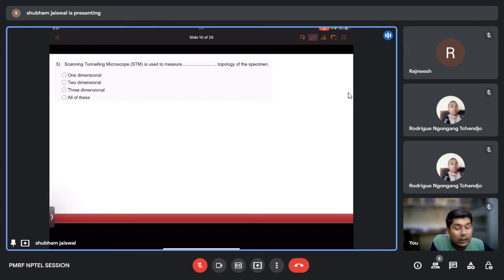Okay, so the scanning tunneling microscope is used to measure which of the following topology of the specimen.